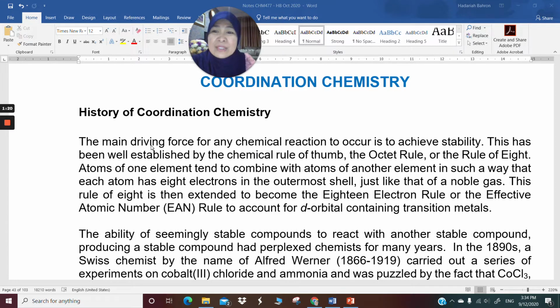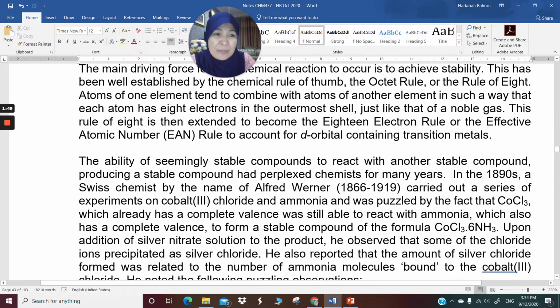This has been well established by the chemical rule of thumb, which is the octet rule, or the rule of 8. Atoms of one element tend to combine with atoms of another element in such a way that each atom has 8 electrons in the outermost shell, just like that of the noble gas. This is what has been known to chemists for many hundreds of years.